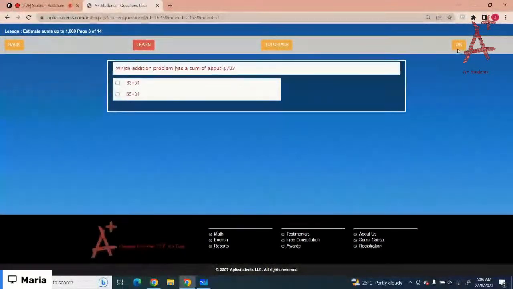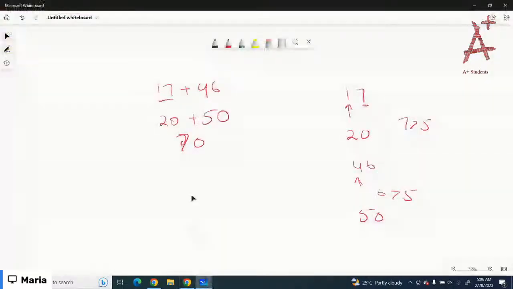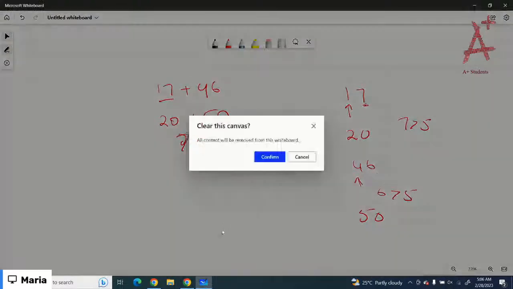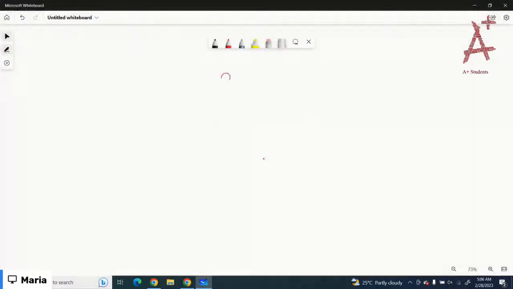Which addition problem has a sum of about 170? You are given two of the sentences. You need to see which sums to about 170. That means the estimated sum of which sentence is 170. Let's start with the first one, 83 plus 91. 83 is rounded to which 10?